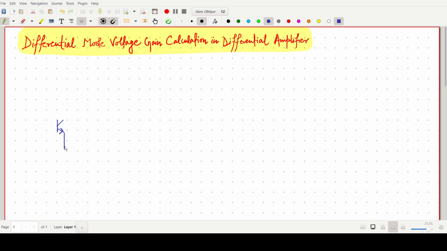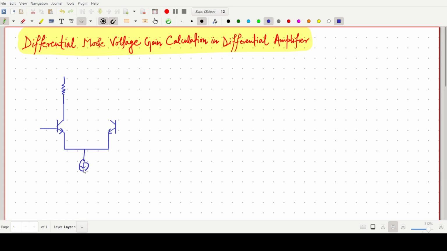I am using two NPN transistors. One resistance will be there, and another transistor we are using, like that.